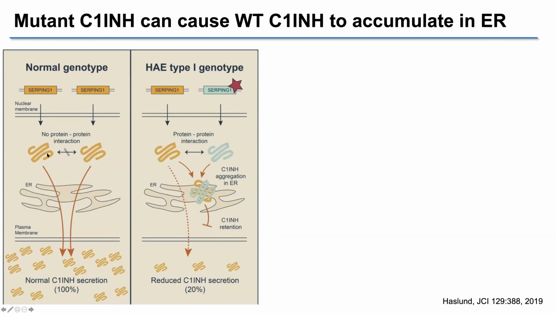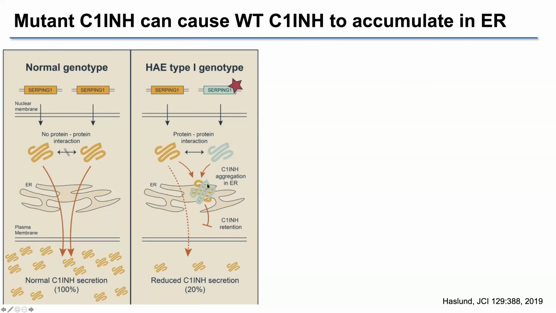They basically don't interact and they get secreted. But with a mutation in one of the proteins, the proteins interact and the mutant protein, they think, forms a complex with the wild type protein, leading to reduced secretion of the wild type protein.